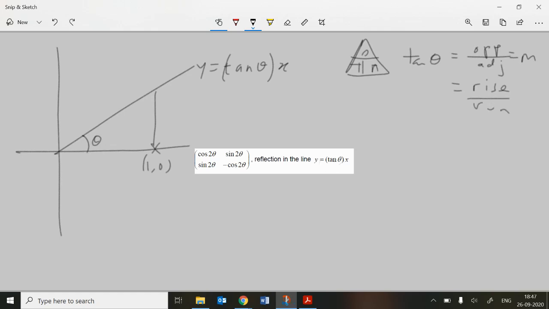Because if you're told what a gradient is, then you can easily know what tan of theta is as well. If you know the gradient, say for example a gradient of 2 would be a rise of 2 and a run of 1, and then you could work out theta by doing inverse tan. Anyway, that's a different question.